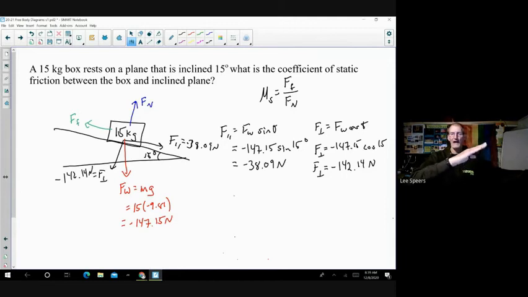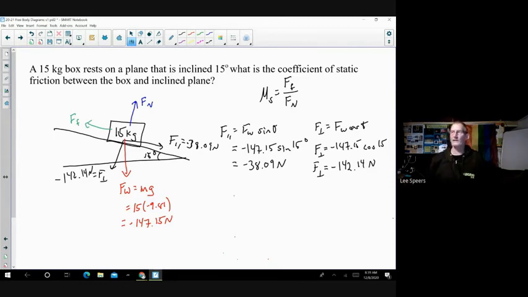The bigger the angle, the bigger the parallel force becomes and the smaller the perpendicular force becomes. At 0 degrees, we'd have no parallel force or parallel component. At 90 degrees, we'd be in free fall, it would all be parallel component. So the less the angle, the less parallel and the more perpendicular component you're going to have.